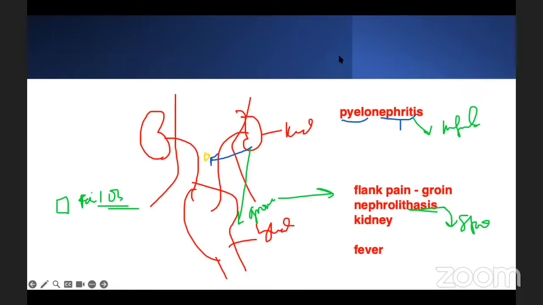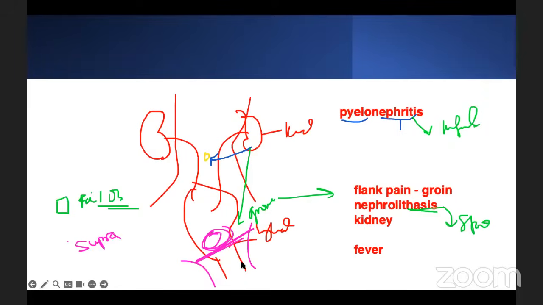Now, if they tell you the individual has just pain here, this is your pelvic. So if you have pain on top of the pelvis, what is the word for top? What do you guys think? What is the word for top? Something top is what? Supra.